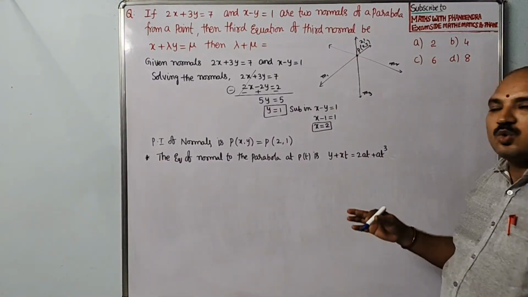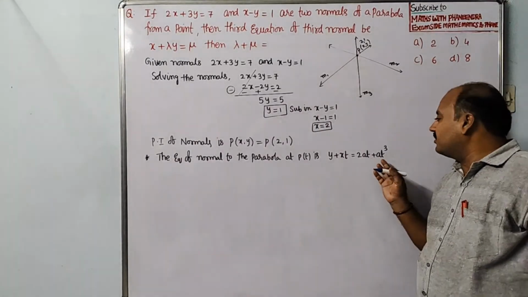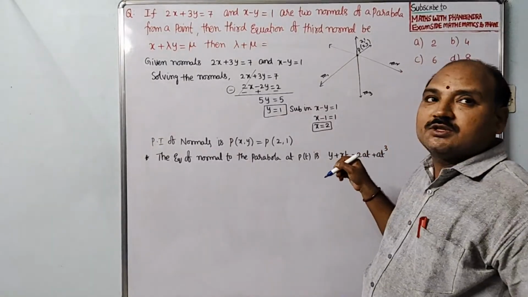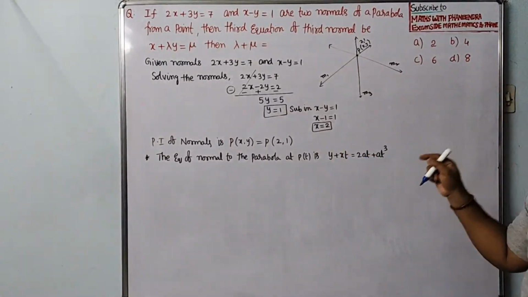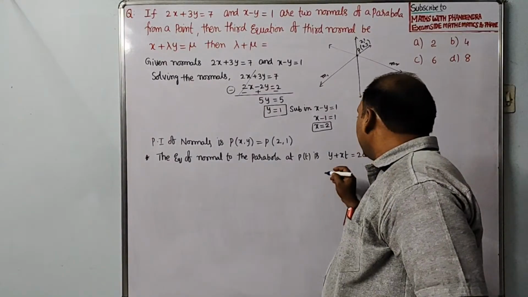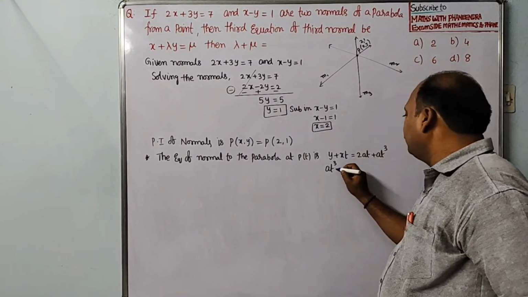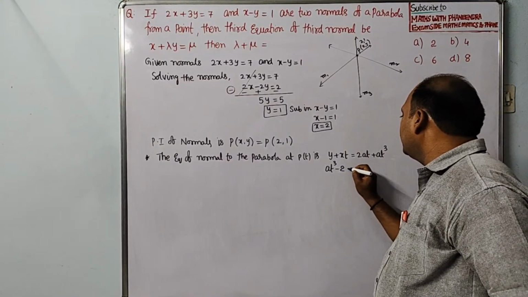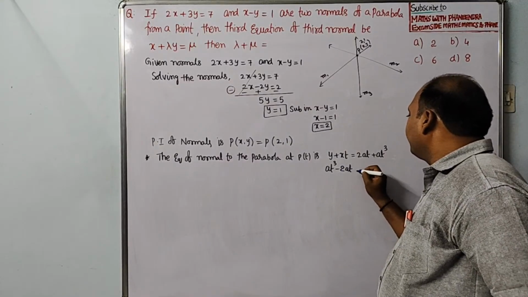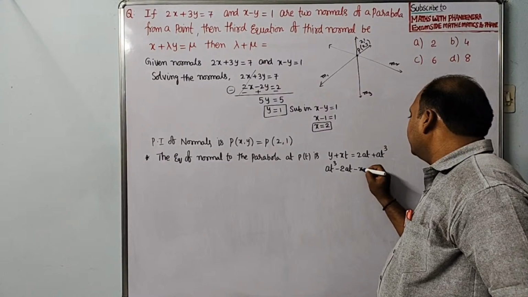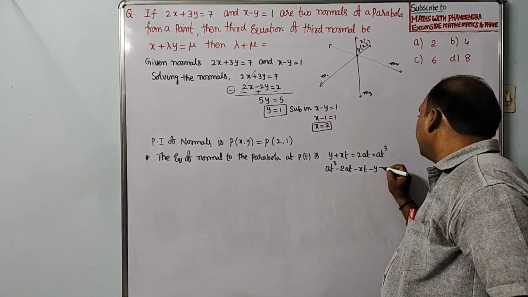It is a cubic equation in terms of t, so it has three roots, m1, m2, m3 respectively. So I am going to write this equation as at cube minus 2at minus xt minus y equal to 0.